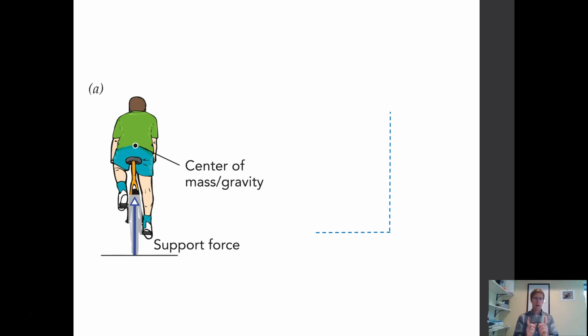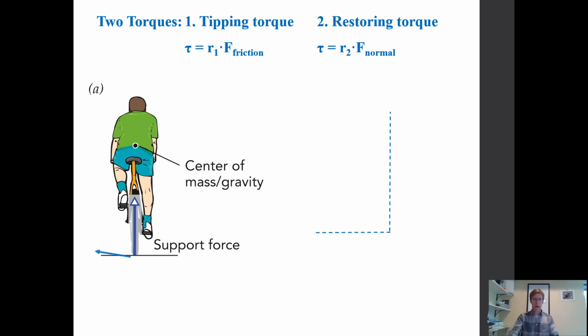So first question to ask yourself is, when you're going around a turn, so here's a bike rider you see in this picture. Let's imagine he's going to be taking a left turn. So what force supplies the needed centripetal force to make the turn? Well, there's only really one option, right? That's the force of friction acting on the ground, pushing inward towards the center of his circular motion as he goes around a curve.